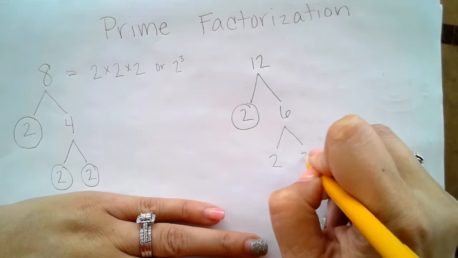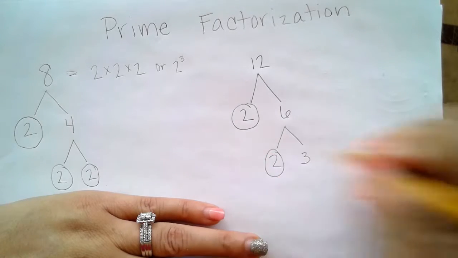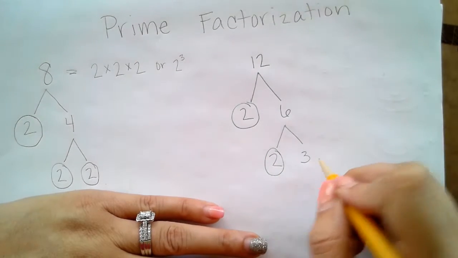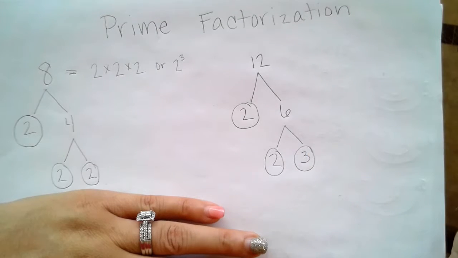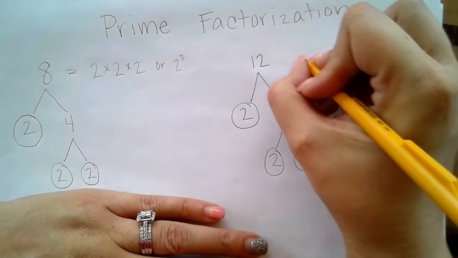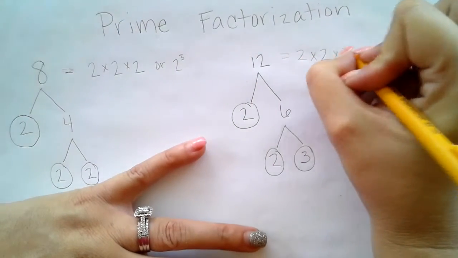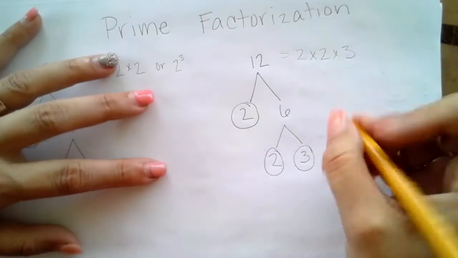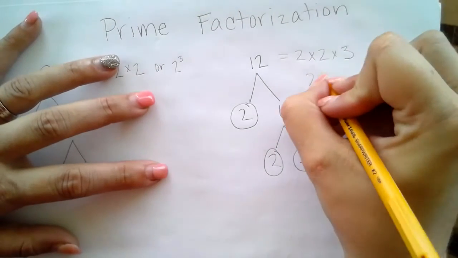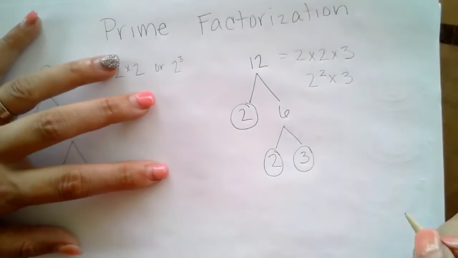Well, 2 times 3. And nothing will go into 2 except for 1 and itself. And nothing will go into 3 other than 1 and itself. So my prime factorization equals 2 times 2 times 3. Or I count my 2's: 2 to the 2nd power, because there's 2 of them, times 3.